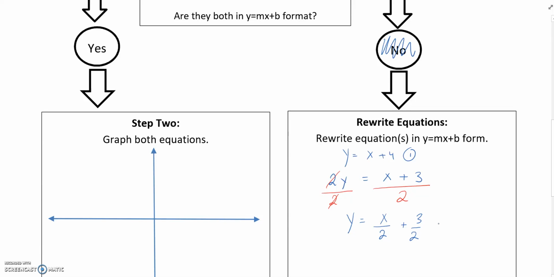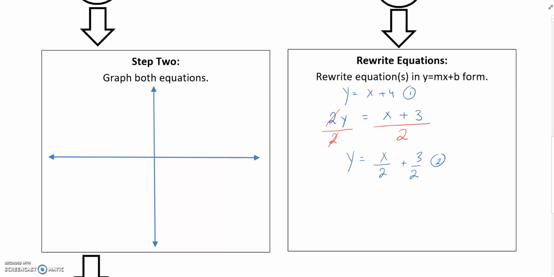That's fine, you can graph it like that, or if you want to see what's going on with your slope, you might want to rearrange it. It looks exactly the same as 1/2 x plus 3/2. And then you can see that your slope is 1/2 and your y-intercept is 3 over 2.